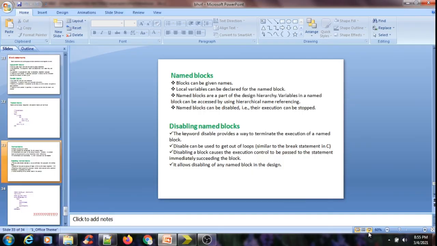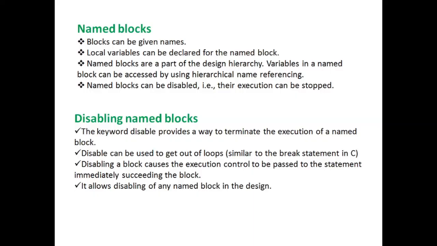It causes my execution control to be passed to the statements present immediately after my named block. For example, in the C programming language, you might have used a break statement to exit or come out of the loop. In a similar manner, here also I will be using disable to come out of the execution of that particular loop.